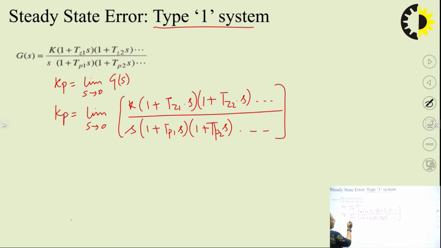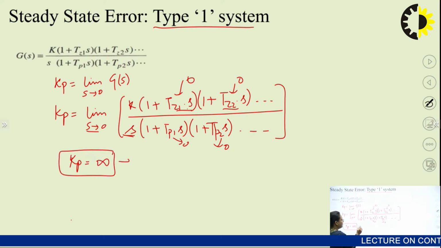When I put the limit s tends to 0 in this equation, the numerator terms become 0, and in the denominator all these quantities become 0, but we have the s in the denominator, due to which the value of Kp will become 1 upon 0, meaning infinite.